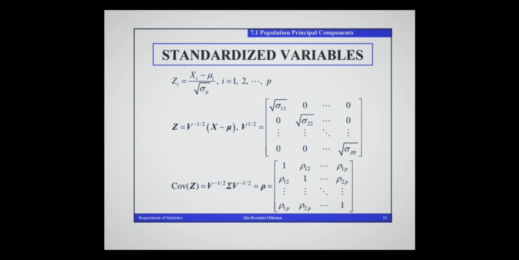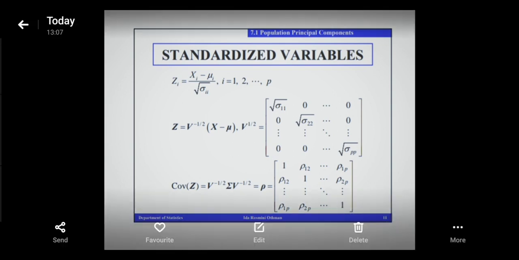So you will get a P by P matrix, which is equal to the correlation matrix rho. Remember from the previous chapter, all the main diagonal for the correlation matrix will be 1.